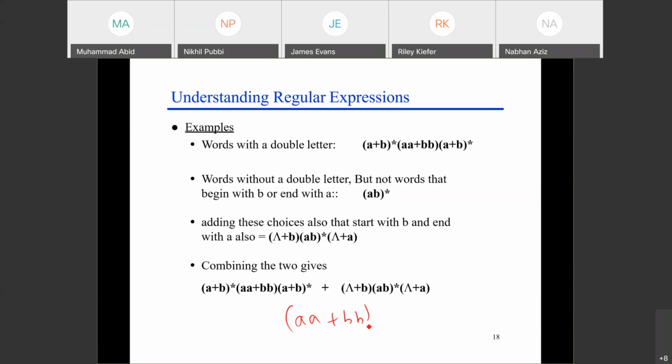It does not say where this will come, so it can happen anywhere in the word.